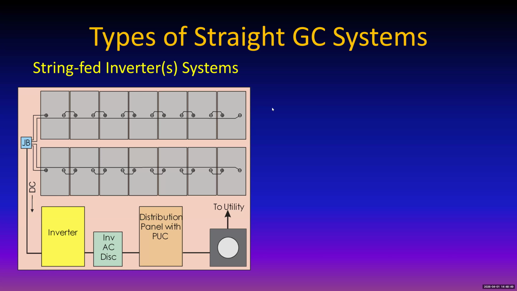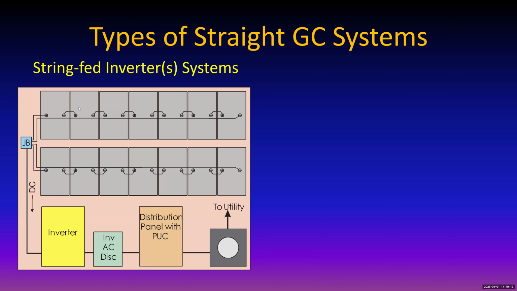And if the voltages have to be adjusted, so be it. So the total current is the sum of the current of the 2 strings. The total voltage is the voltage of either one of the 2 strings. And that's DC, and that's going to the inverter, and that's a straight string-fed inverter system.